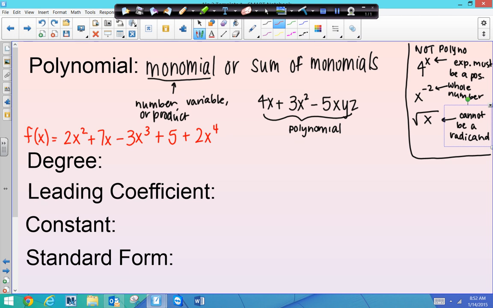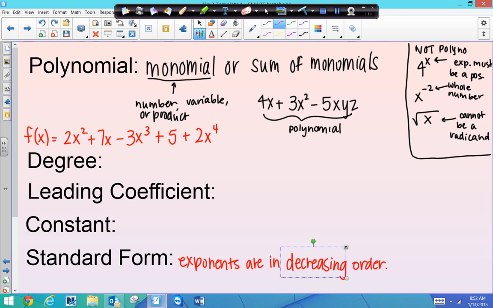Standard form, we'll go ahead and talk about that one, is that the highest exponent is first, so the exponents are in decreasing order. So if we needed to write our function as a polynomial function, we're just going to change it so that our exponents are in the correct order.